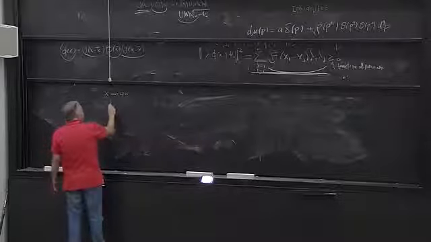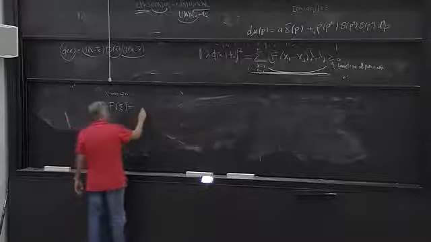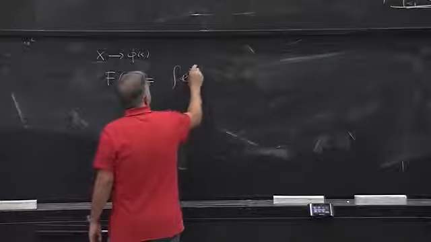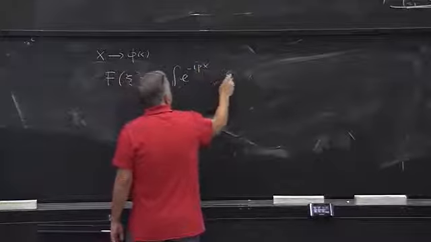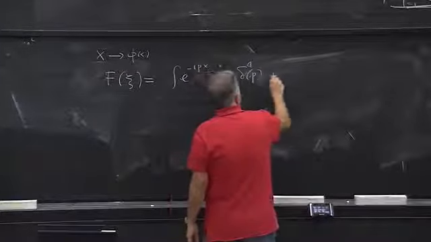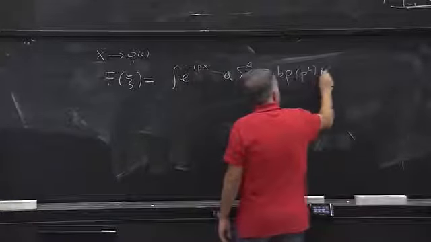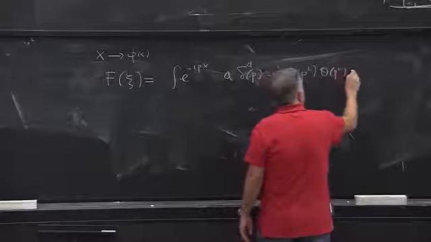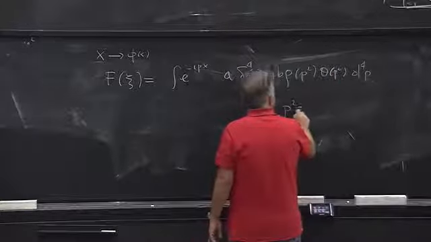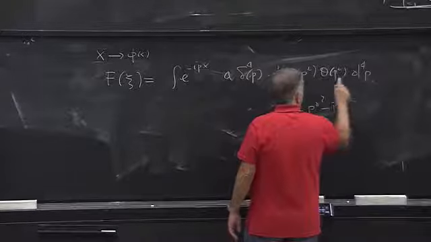And we have obtained the result that phi of x has to be of the following form. It is the Fourier transform of a measure which is written this way. P square is P0 square minus P square. And P0 is P0.